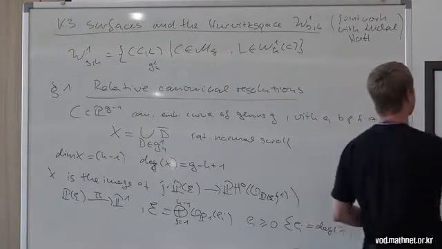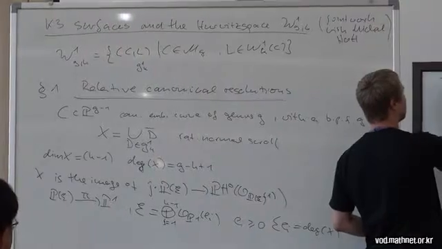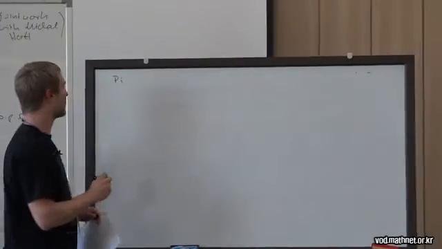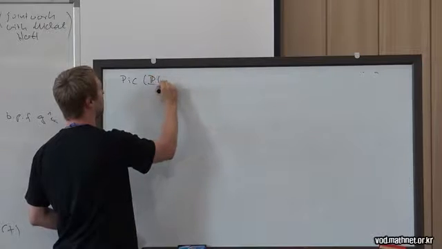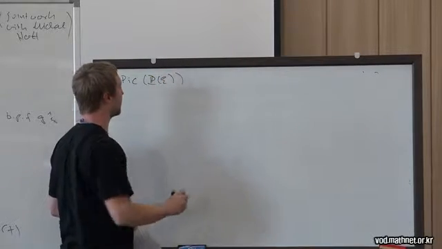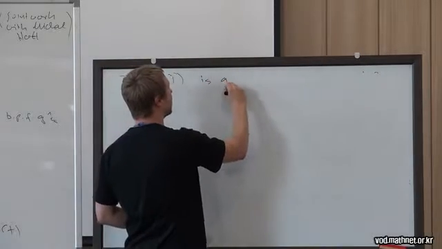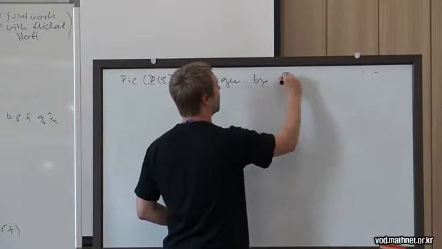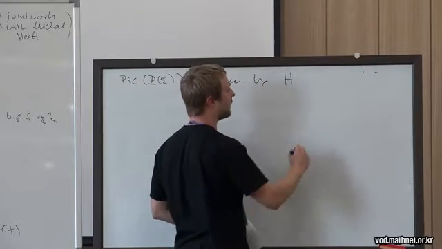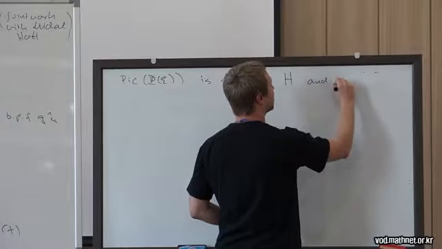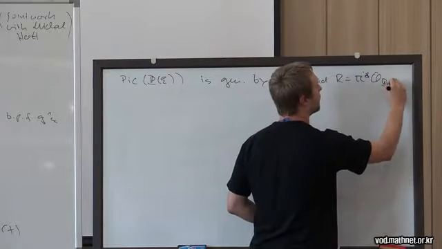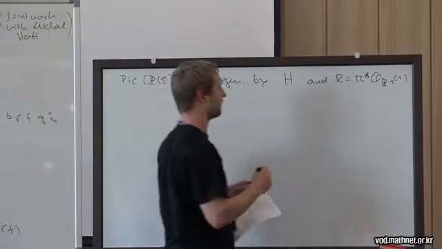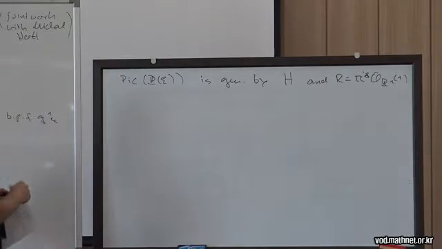We already saw this in one of the last two talks, but I'm going to use slightly different notation. So the Picard group of this guy here is generated by the hyperplane section H and the ruling, which is the pullback of the hyperplane section of O_{P1}. Of P1, sorry.